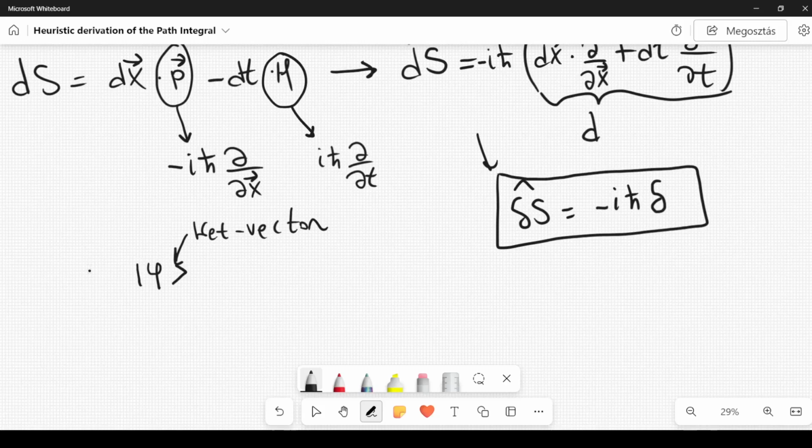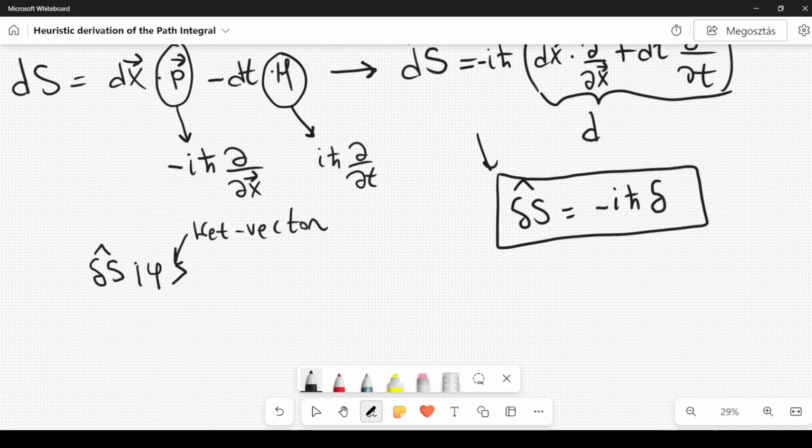So if you act with an operator on phi, for example, let's take delta S, you're going to get something like some kind of matrix, which is not really the correct way of thinking about this. One way of thinking about this, to simplify and to imagine what's happening, is that you have some object acting on a vector. So you can think of that as a matrix applied to a vector for simplicity.